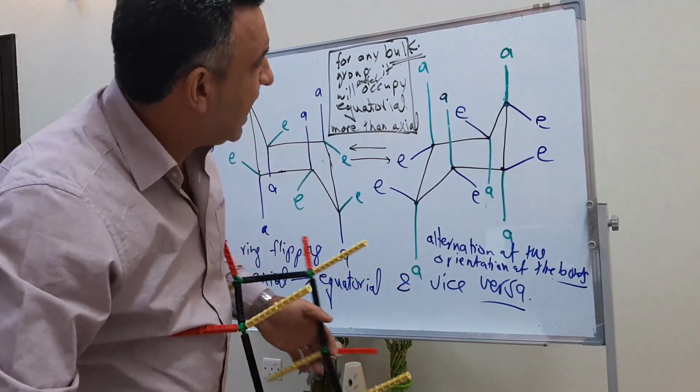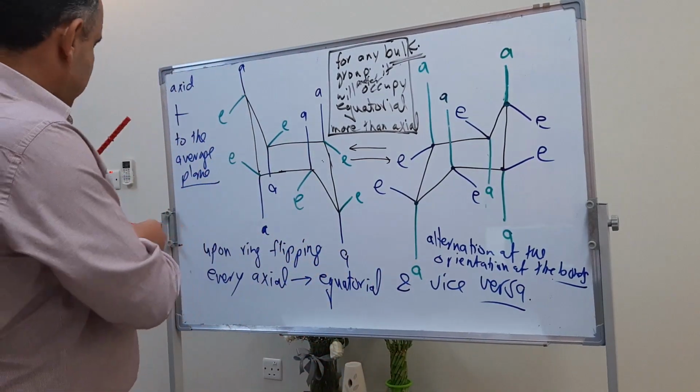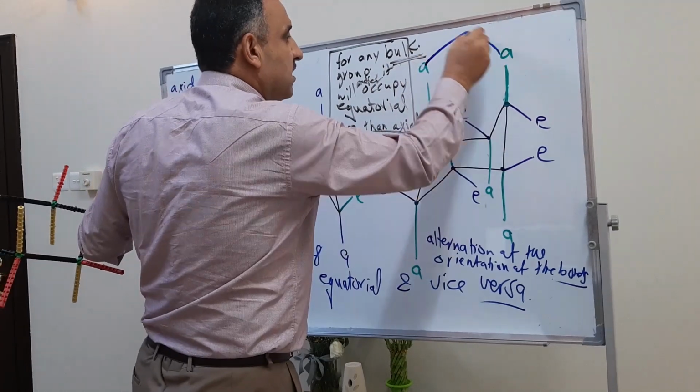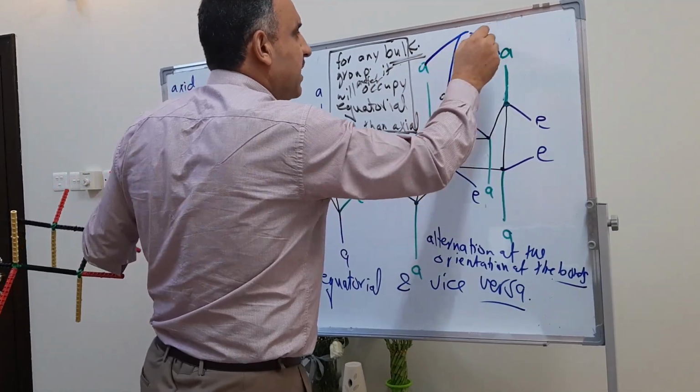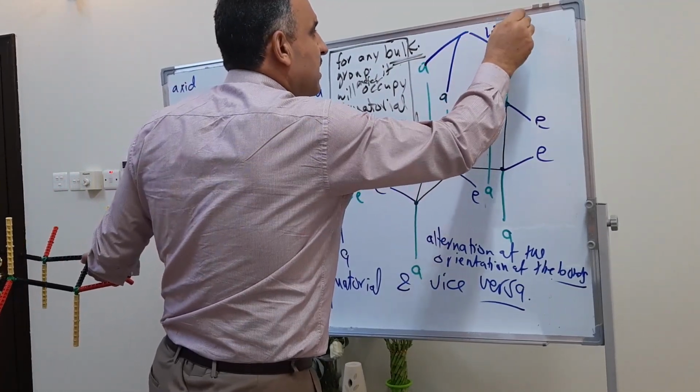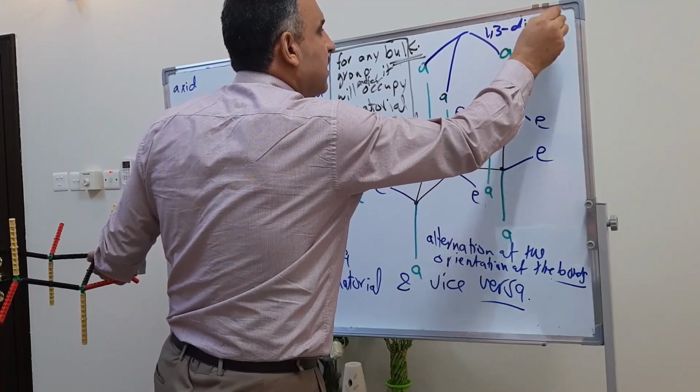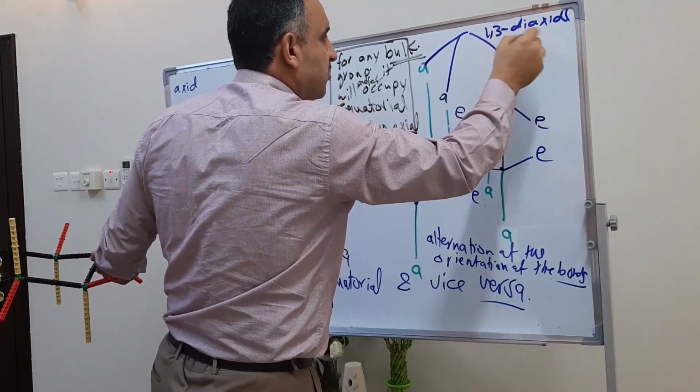So these axials which are above the plane are what we call the 1,3-diaxial repulsion or relationship.